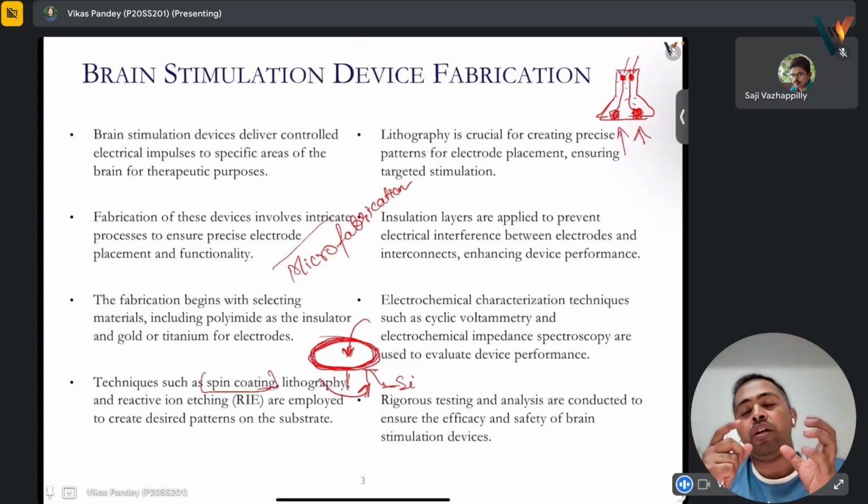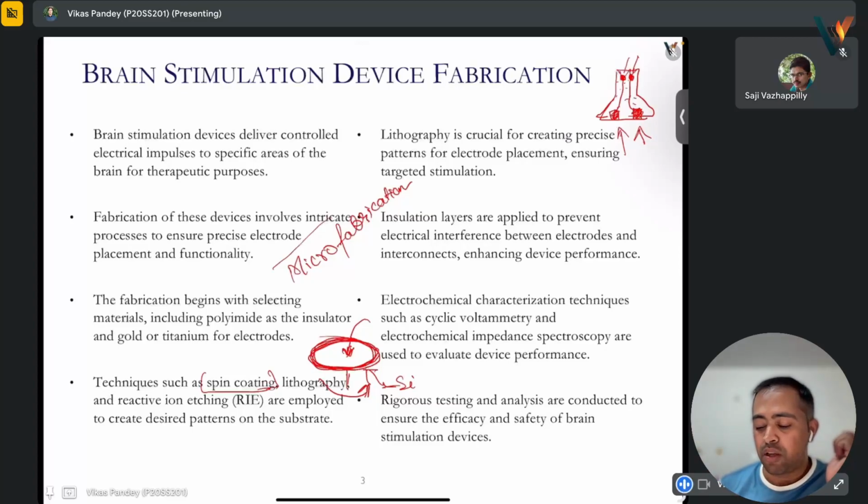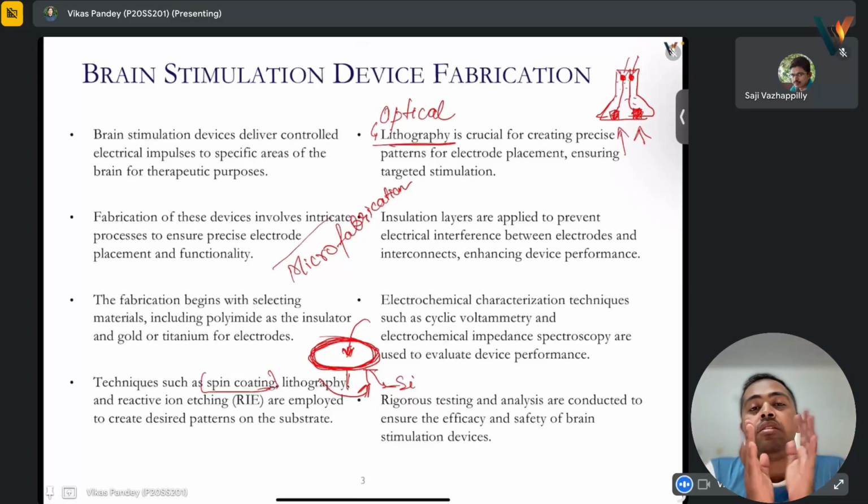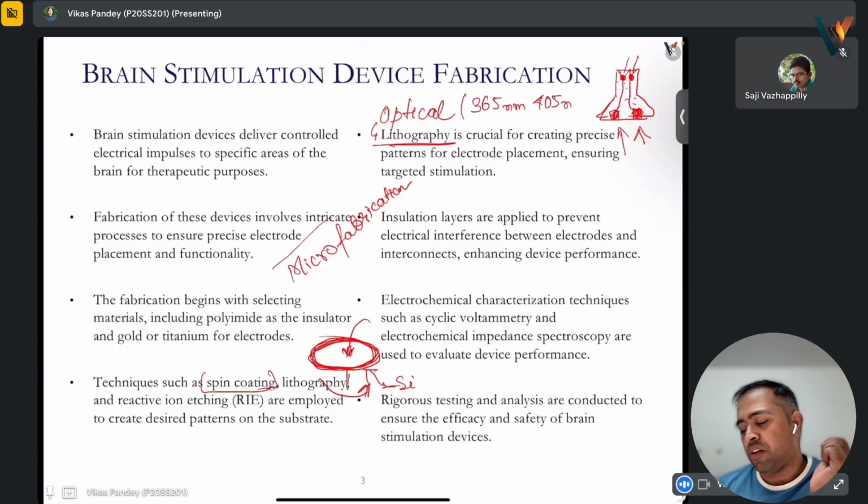But when we are talking about lithography, we are generally talking about optical lithography. Optical in the sense that this carving or structuring is done using light sources, and in general 365 nanometer and 405 nanometer wavelengths are used. There are other wavelengths also, like deep UV.